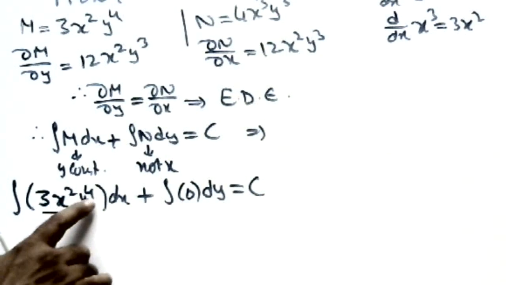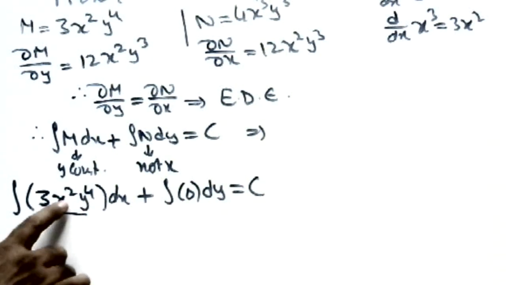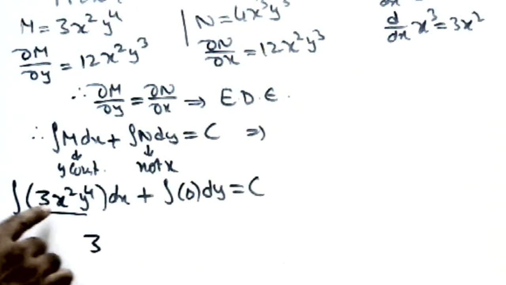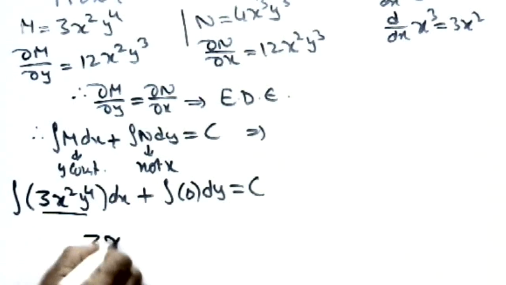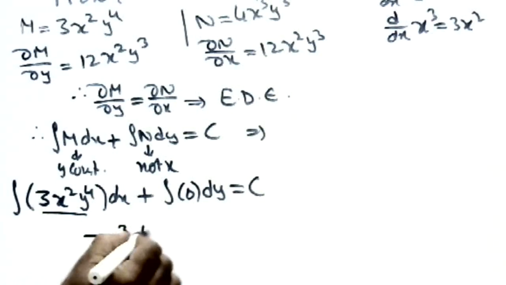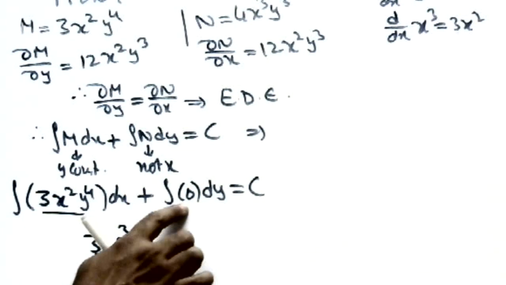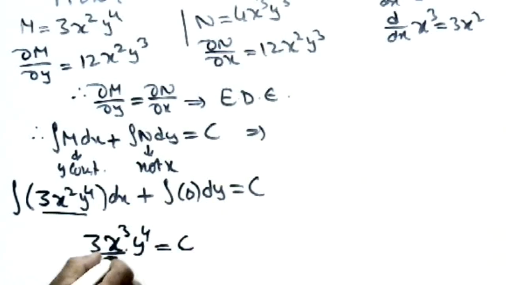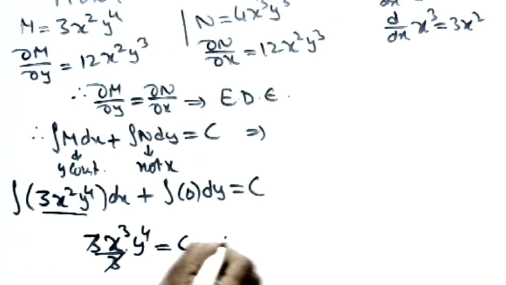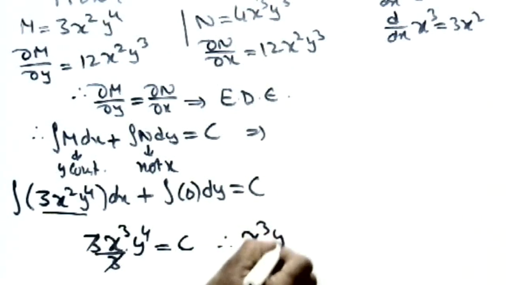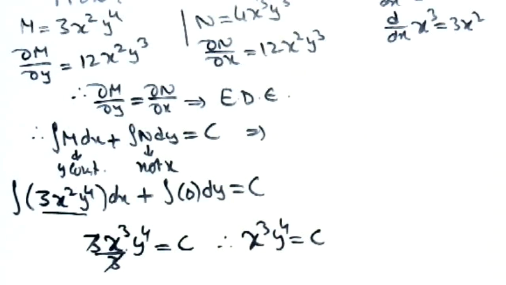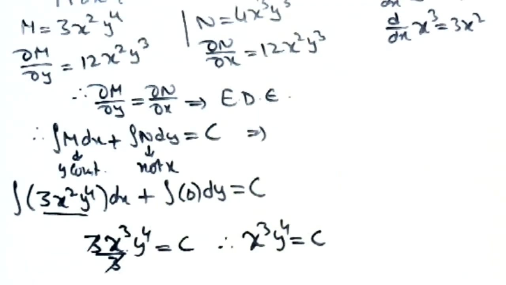Now we integrate with respect to x and take y as constant. So 3 into the integration of x square is x power 2 plus 1, x cube by 3. We write y power 4 as it is. The 0 term stays 0. This 3 will get cancelled. So what is left here? x cube y power 4 equals c.